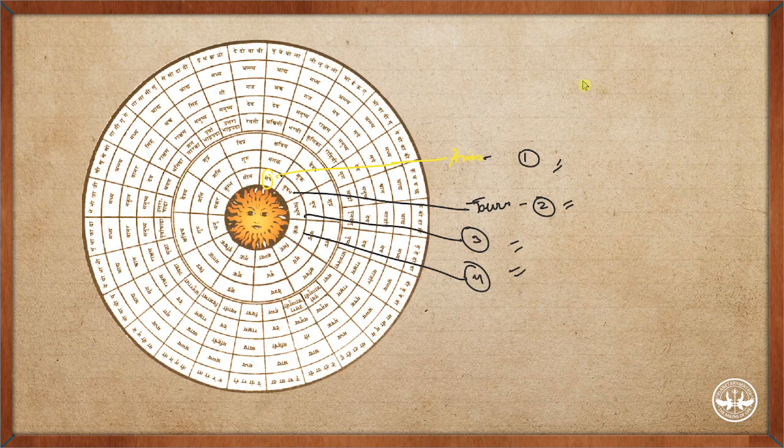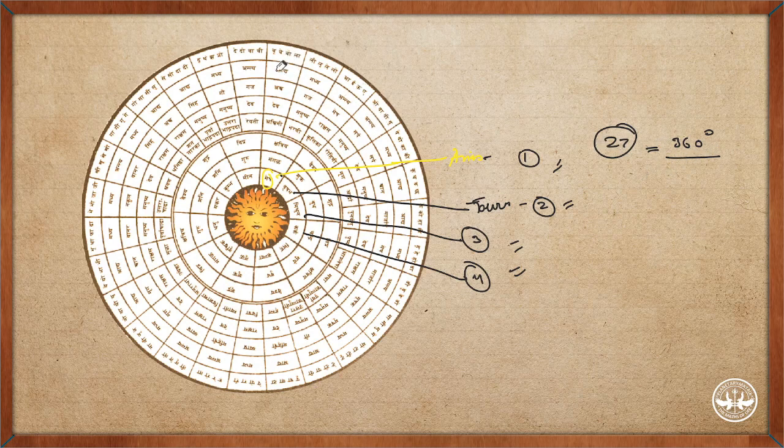Now, since there are 27 nakshatras and they need to be divided into 360 degrees, it's pretty obvious that we cannot fit a whole number, such as 3 nakshatras, into each division. It's not fully divisible by this.